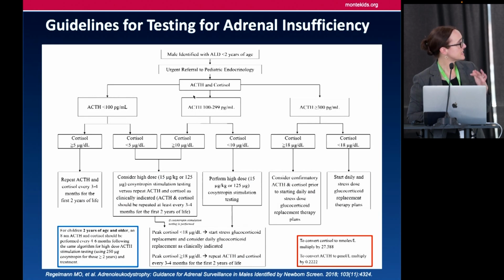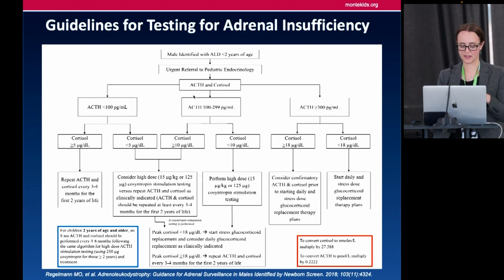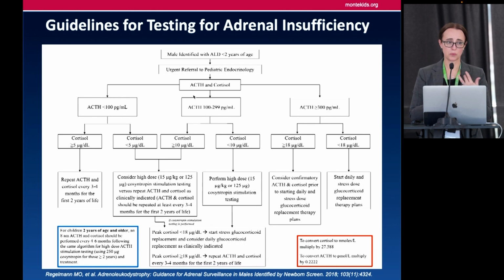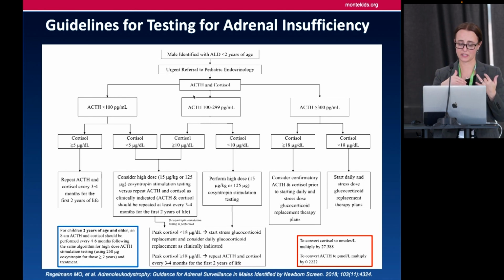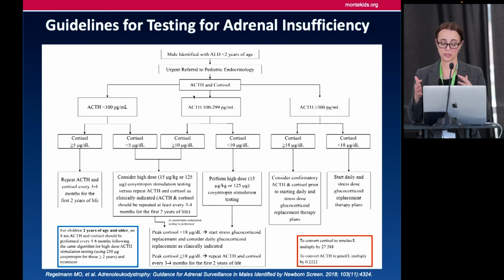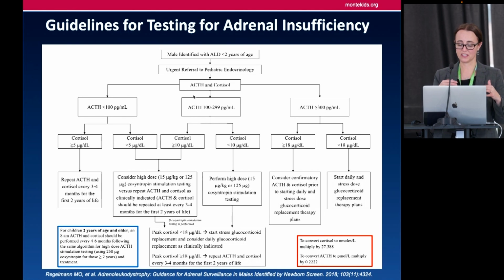So this is the original algorithm as it was published. I do want to point out that with those newer assays, the cortisol levels have dropped. For most of the assays, a level of 10 is somewhere around 8.6, and a level of 18, depending on the assay, will be roughly around 14.5 to 15.